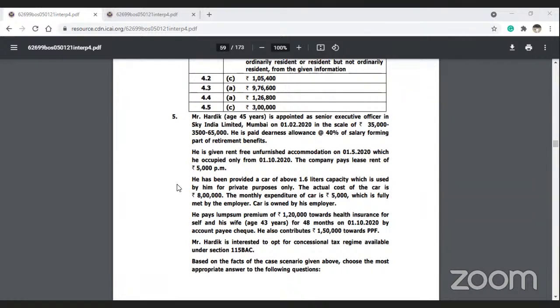As per the old module 2020, it is on page number 7.3.